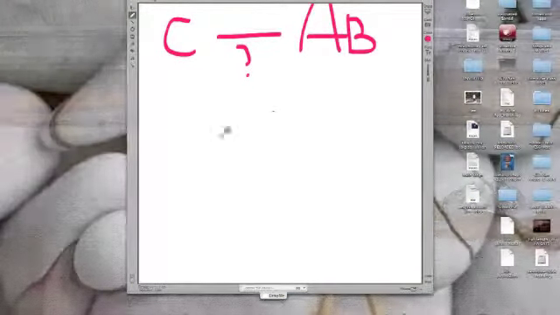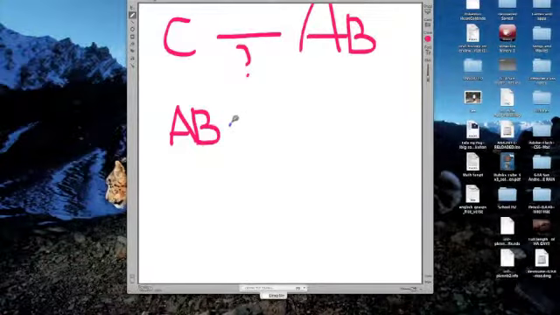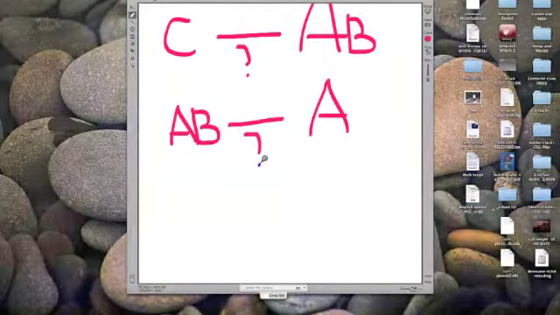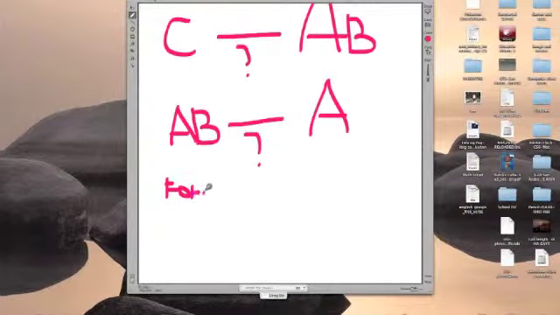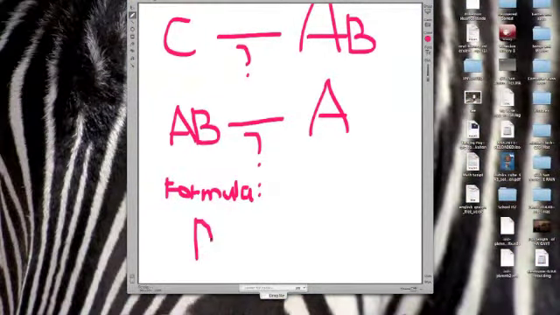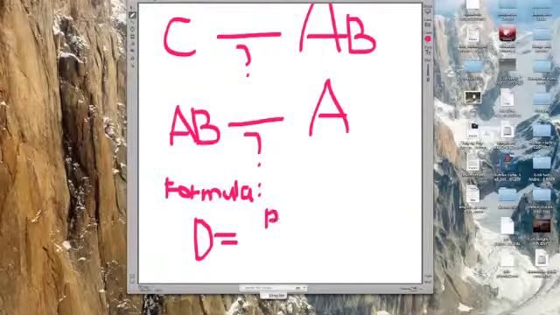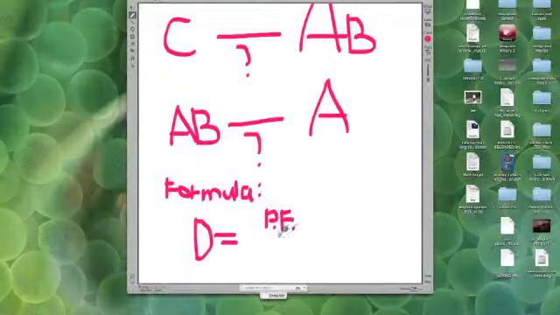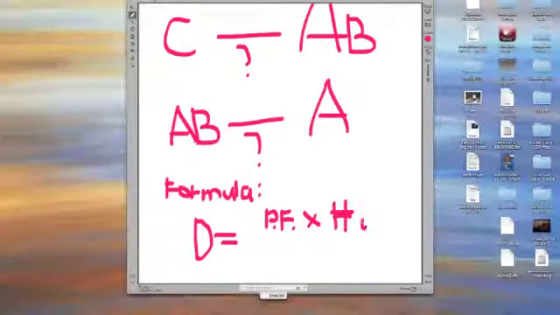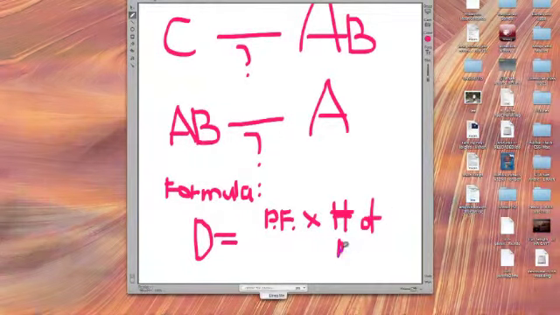Now let us find the distance of point C to point AB and from point AB to point A. The formula that we are going to use is distance equals pace factor times number of paces. Using this formula, we are able to get the distance, which is 0.69 meters and 4.11 meters respectively.